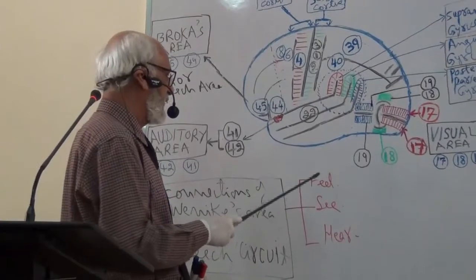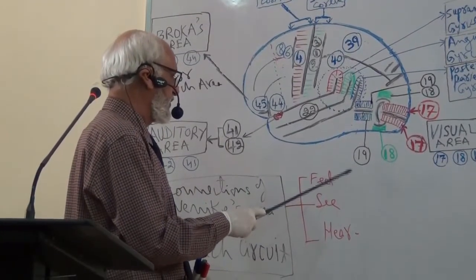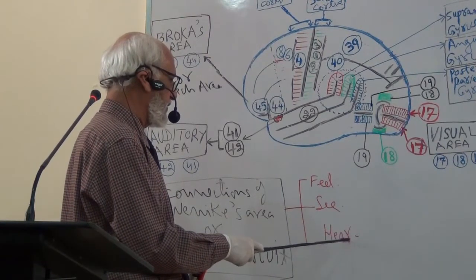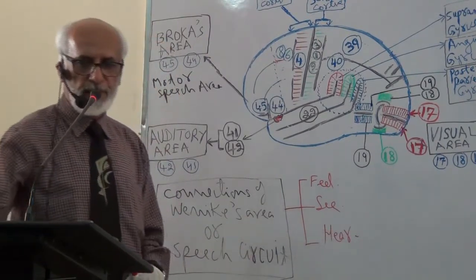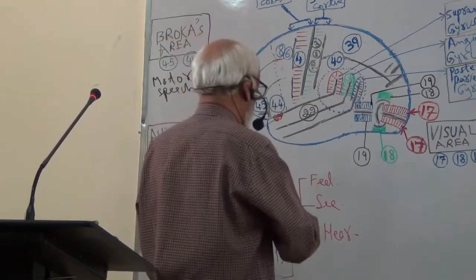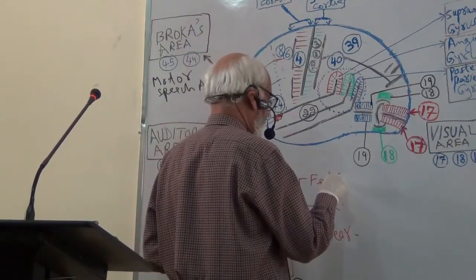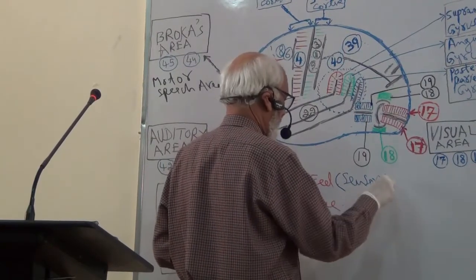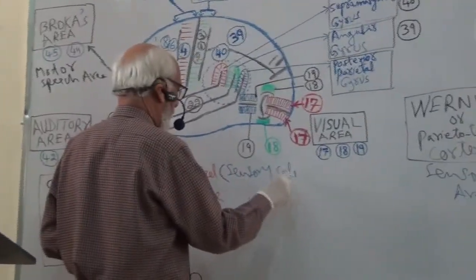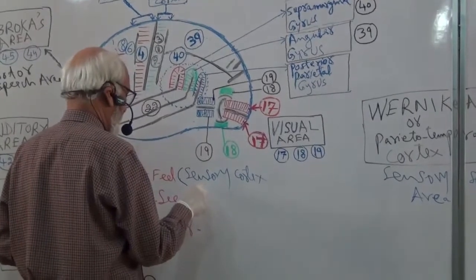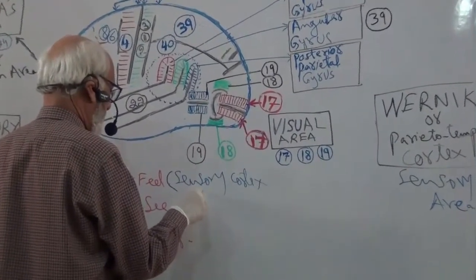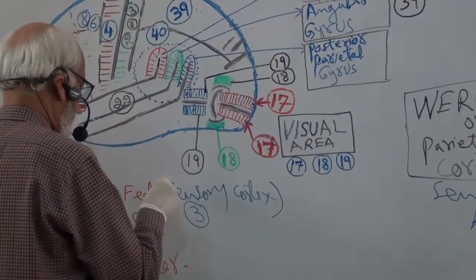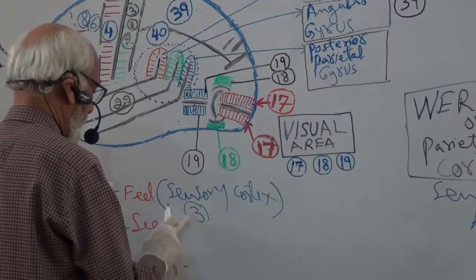There is a center for sensation, a cortical center for vision, and a cortical center for hearing. For feeling sensation, you have the sensory cortex, that is Brodmann cortical area number 3 mainly, and 1 and 2. They interpret further detail.